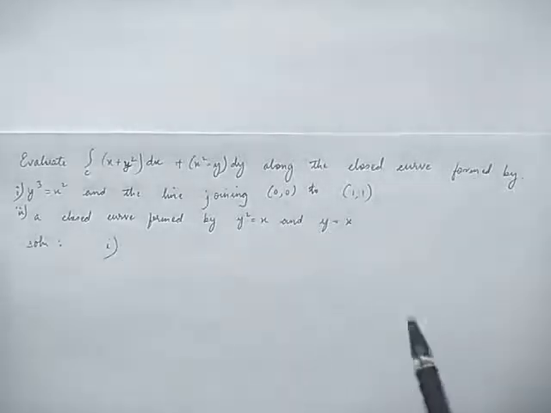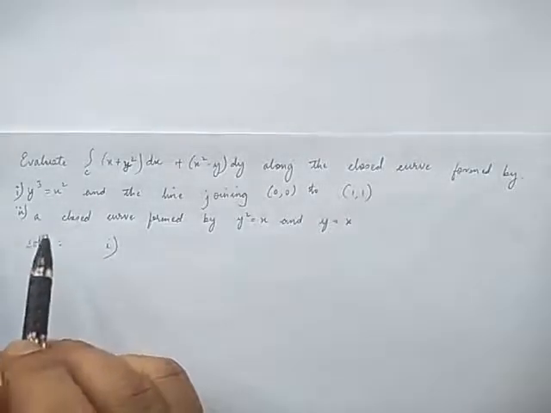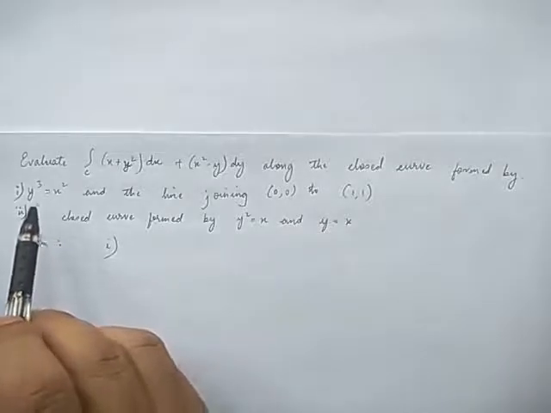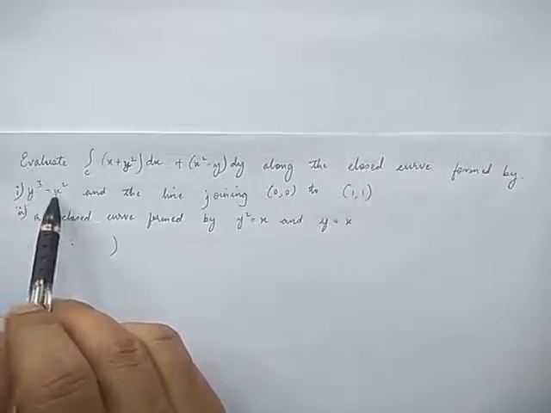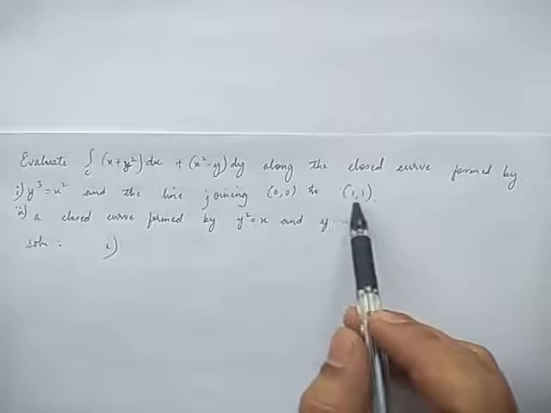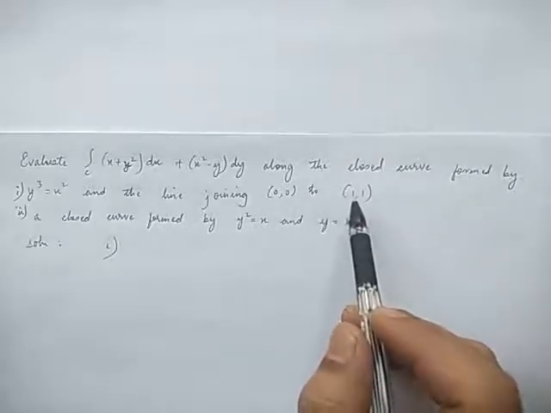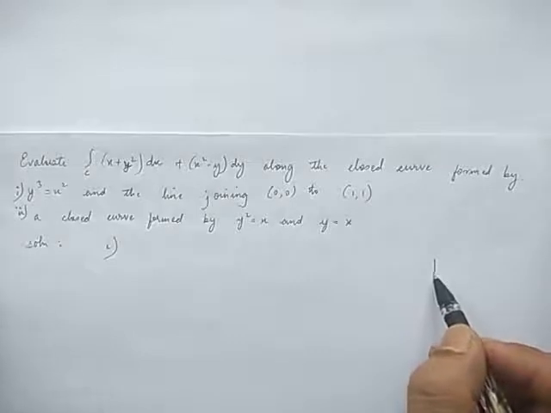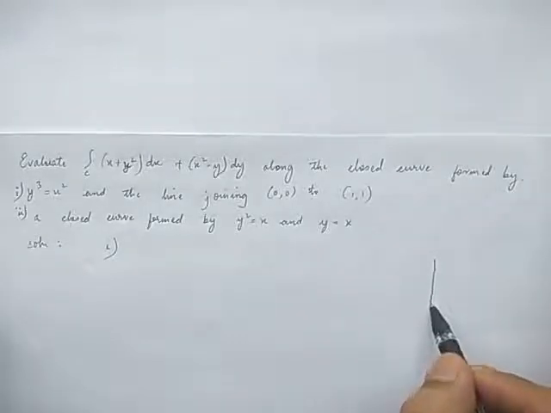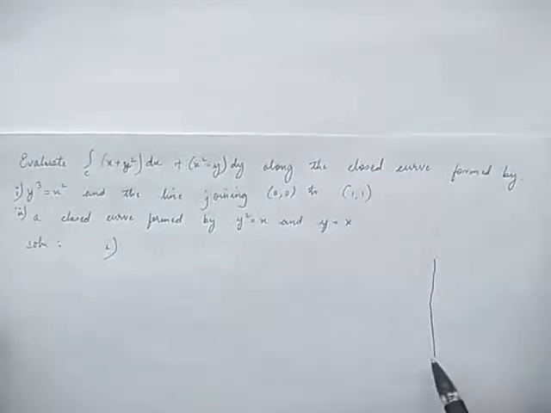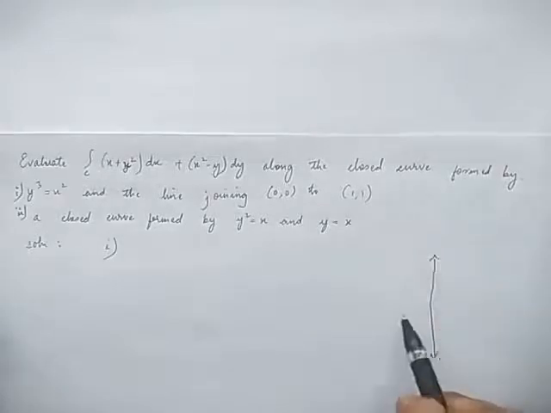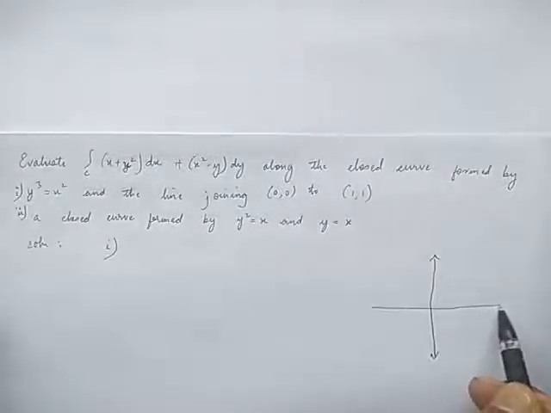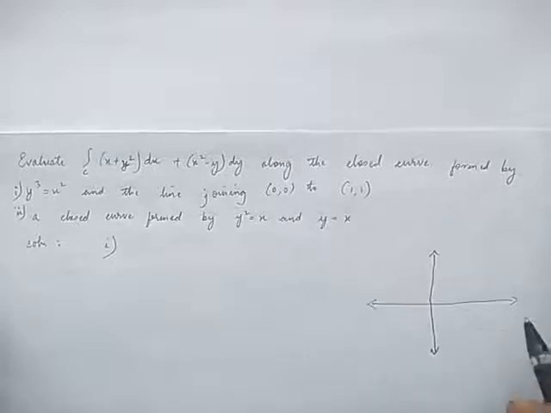So let us try to find what the curve y cube equal to x square and the line joining 0, 0 and 1, 1 look like in the graph. We have the y-axis here and the x-axis here.